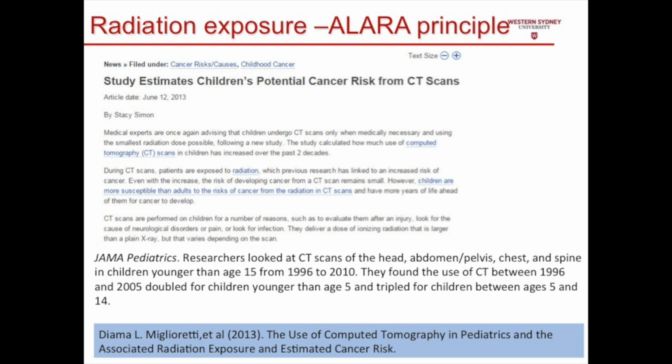So it's important to know that this study didn't look at the actual number of cancers that developed, but it did provide an estimate and estimated that around 5,000 potential future malignancies could be attributed to the use of CT scanning in early childhood.